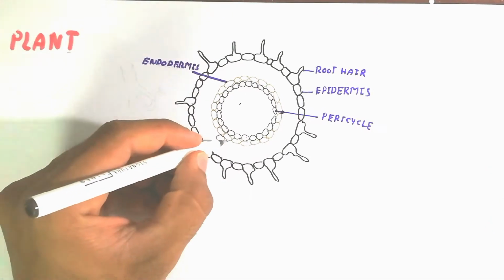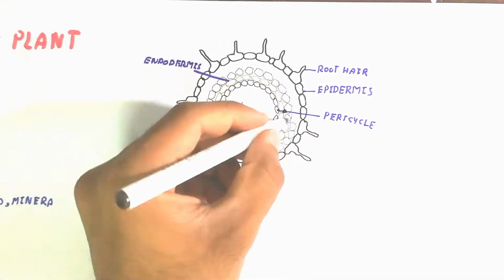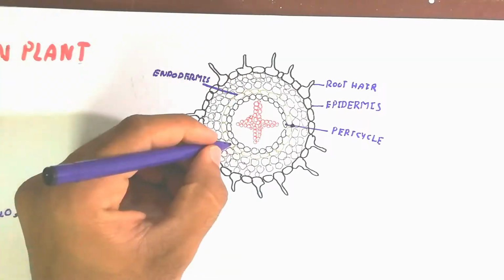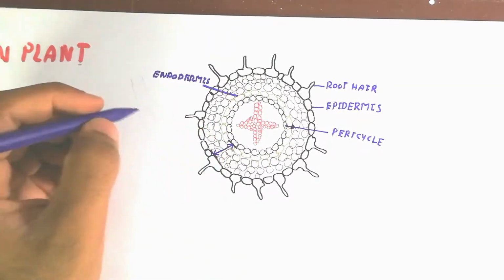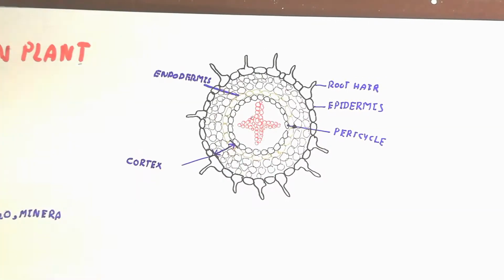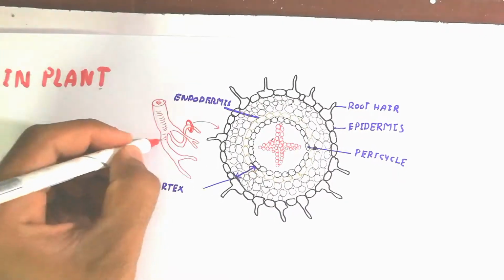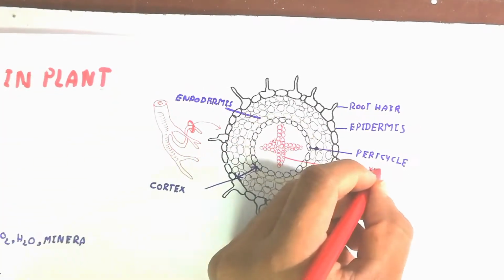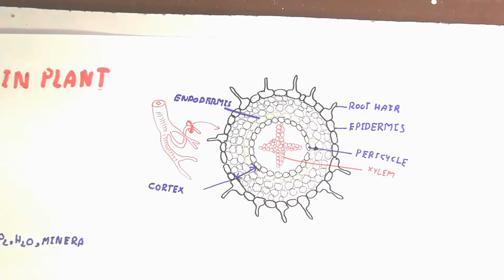It is the coverage of the vascular bundles, known as the vascular cylinder. The endodermis is very important. It separates the epidermis from the endodermis, and between them the cortex is present.